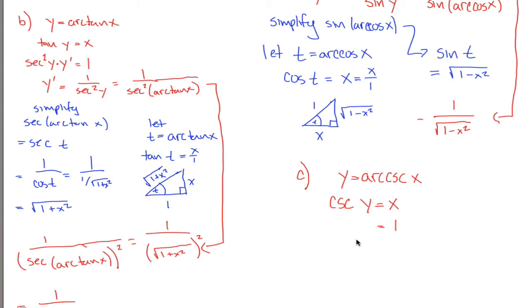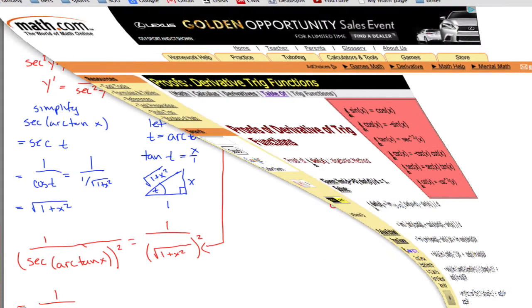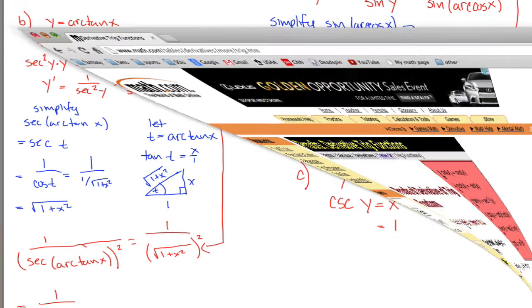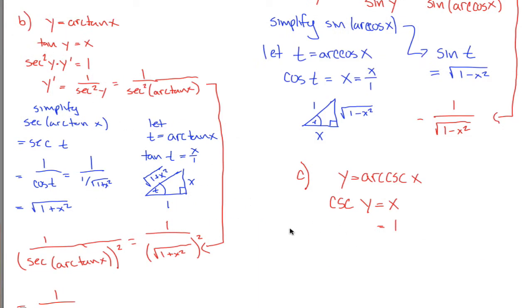You might know the derivative of cosecant of x. I don't know the derivative of cosecant of x. However, you can go to the internet and find out the derivative of cosecant of x is negative cosecant times cotangent. So I get negative cosecant, leave the inside function alone, times cotangent, leave the inside function alone.